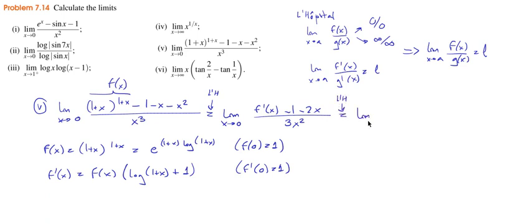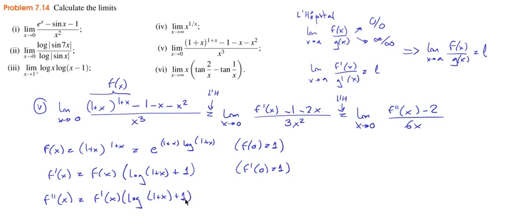So we have the limit when x goes to 0 of the second derivative of f minus 2x over 6x. And we're going to see now that the second derivative of f is 2 at 0, right? So the second derivative is f prime times the logarithm of 1 plus x plus 1, right?